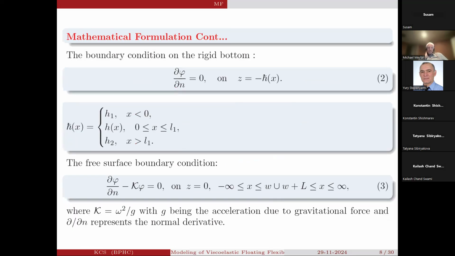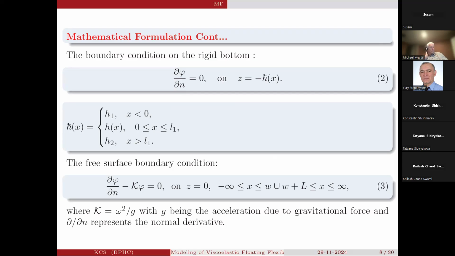Also, I have considered a rigid bottom, so there is no penetration of the fluid across the bottom. The boundary condition for that is equation 2: del phi by del n is equal to 0.